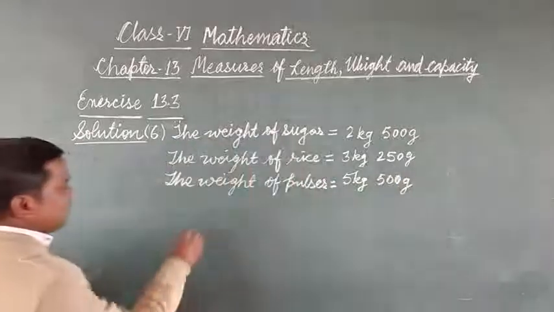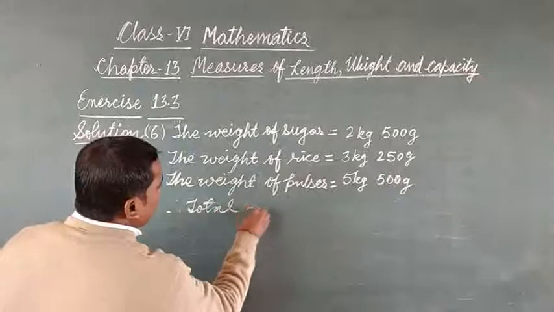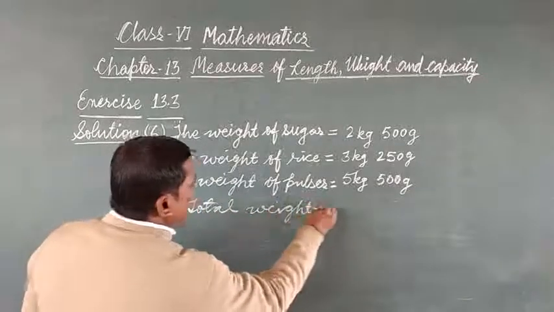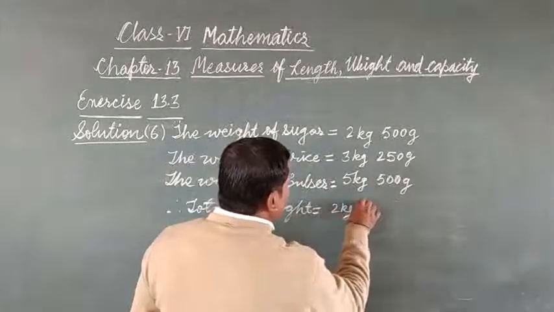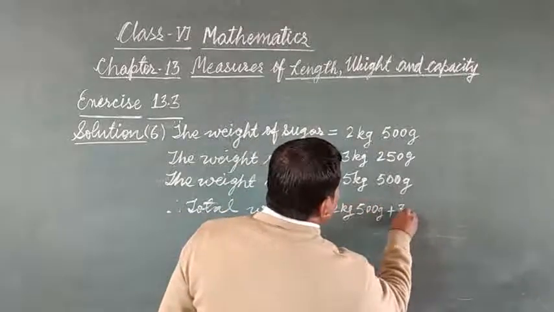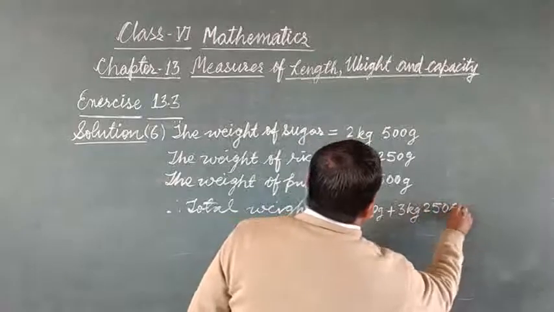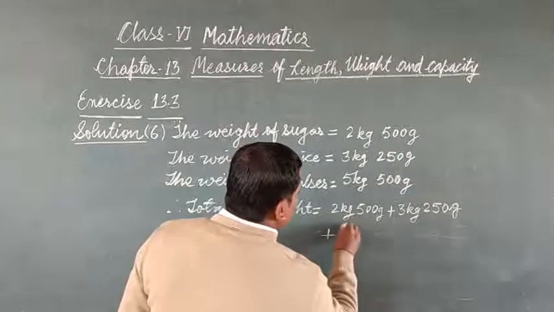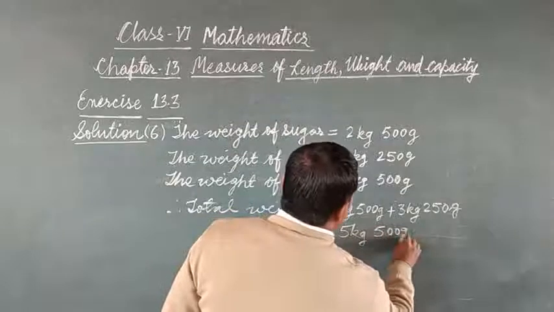Therefore total weight is equal to the addition of all these 3. So you will write 2 kg 500 gram plus 3 kg 250 gram plus 5 kg 500 gram.